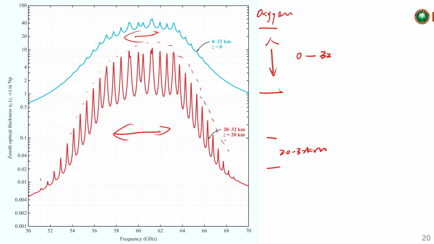Why? Because close to the ground, under 20 kilometers height, there are many disturbing components. This makes the observation of the absorption lines not so obvious.